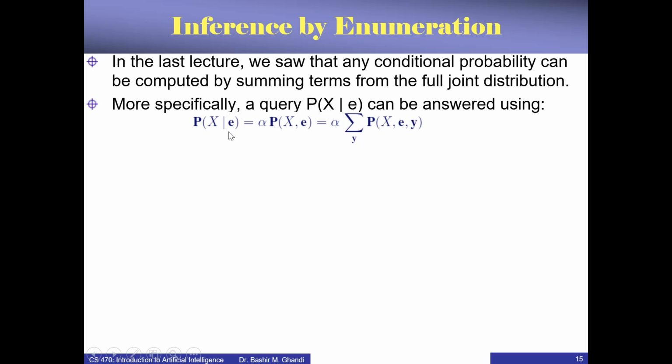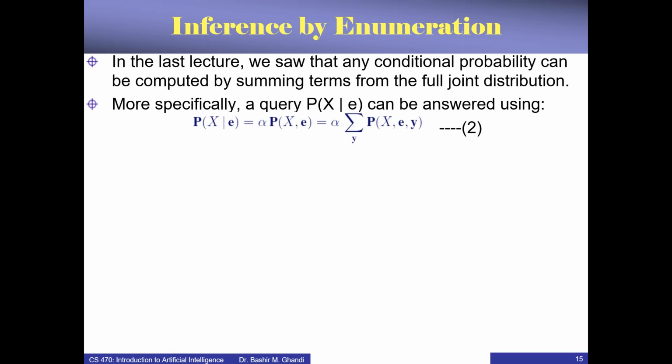So P of X given E is the same as alpha times P of X and E, where alpha is a normalization constant. And we saw that the probability of X and E can be computed simply by marginalizing the hidden variables. So Y is the hidden variable. Just sum across all possible values of Y and you will be able to obtain this probability.